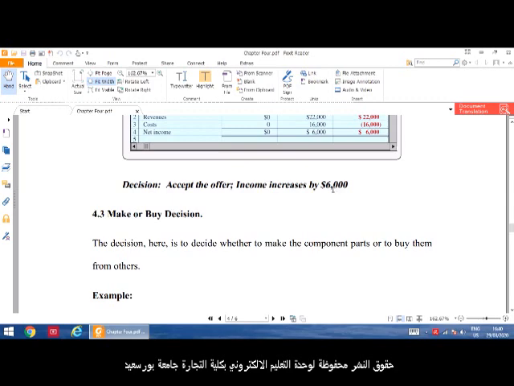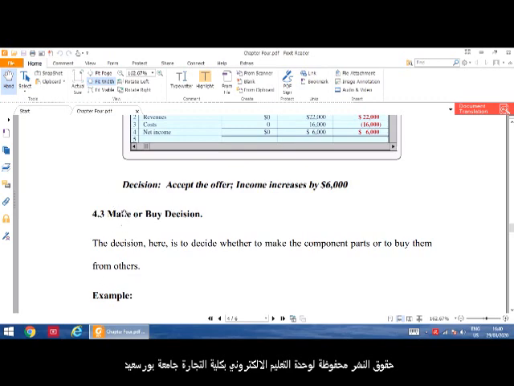The second type of incremental analysis is the make or buy decision. The decision here is whether to make the component parts or to buy them from others.